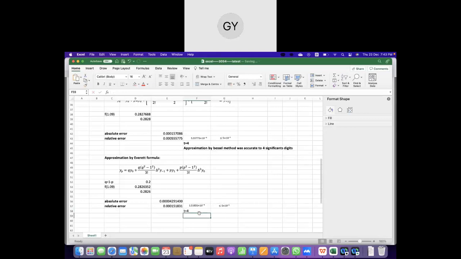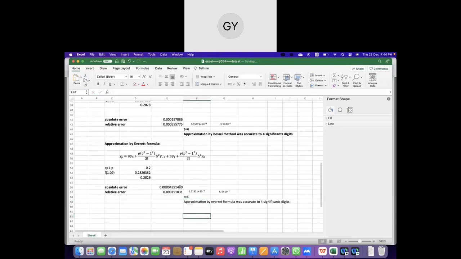So the conclusion is that the approximation by the Everett formula was accurate to 4 significant digits.